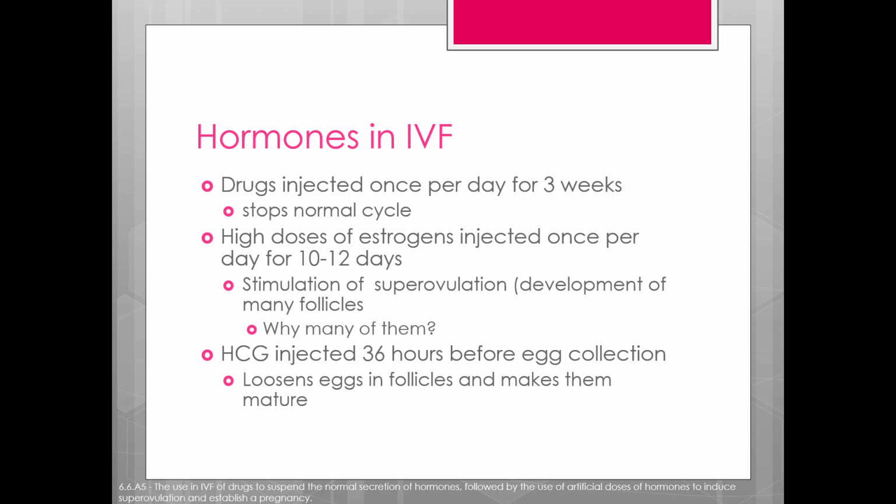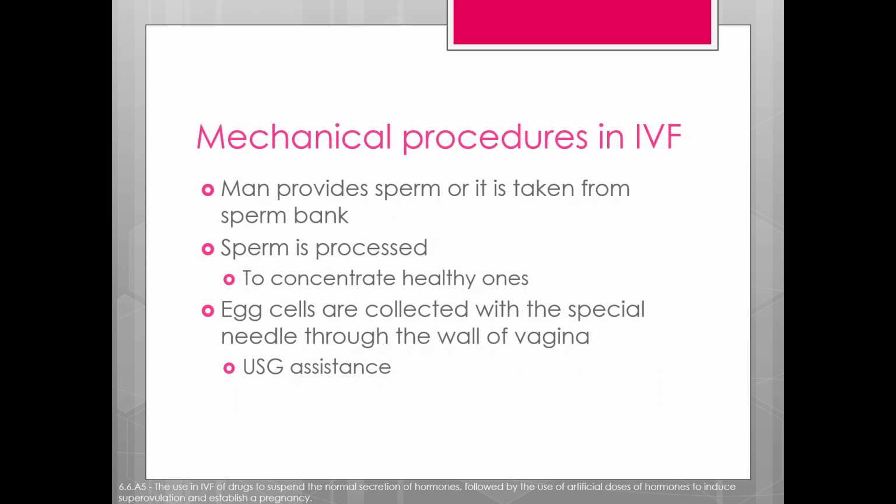So at least 3 different abnormal hormonal procedures will be performed to get the abnormal biological consequence of many follicles maturing at the same time and ovulating at the same time. But we don't want them to be ovulated. Right before ovulation, the egg collection is performed.